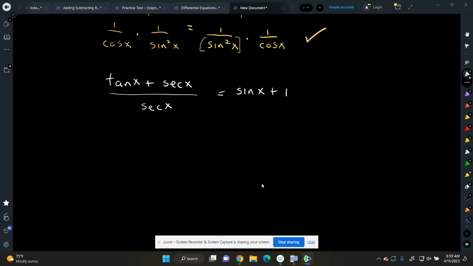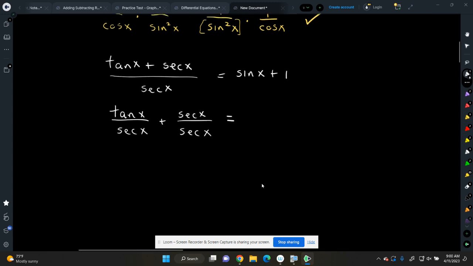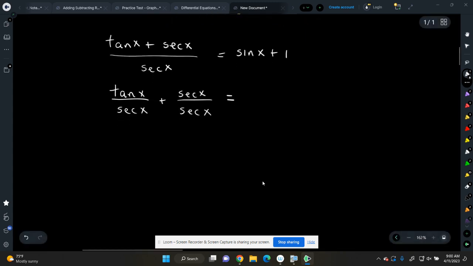So let's see here. First, I am going to separate these. Make it tangent x over secant x plus secant x over secant x. And right away, I see that was a good move. How do I see that? Yeah, secant x over secant x is 1, right?